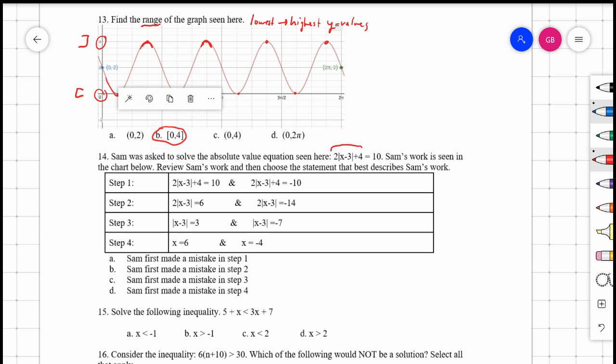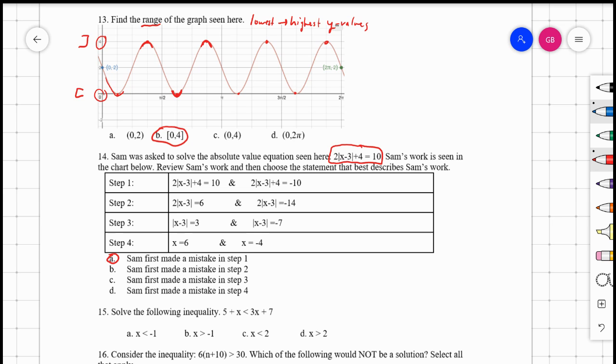So here's the original. And then Sam split the problem into 2. But remember, first you need to isolate the absolute value. So Sam made the mistake in step 1.